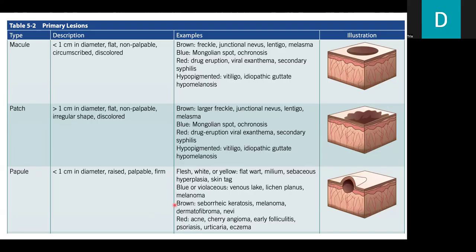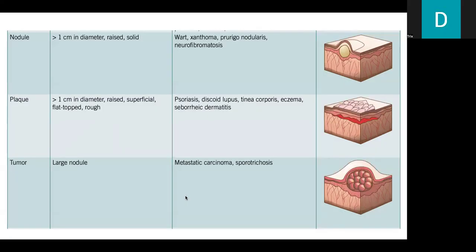For brown, it's seborrheic keratosis, melanoma, dermatofibroma, and nevi. If it's red, it's acne, cherry angioma, early folliculitis, psoriasis, urticaria, or eczema.